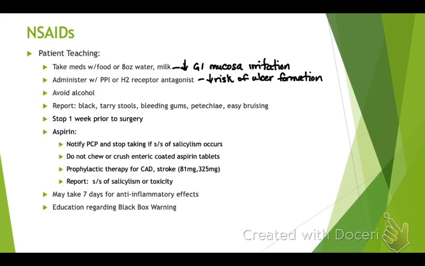Most important for you to remember is that pediatric patients and teenagers are never to take aspirin because of Reye syndrome. And again, make sure that aspirin and any other NSAIDs are discontinued 1 week prior to any surgery. And again, it may take 7 days for the anti-inflammatory or joint pain effects of NSAIDs.